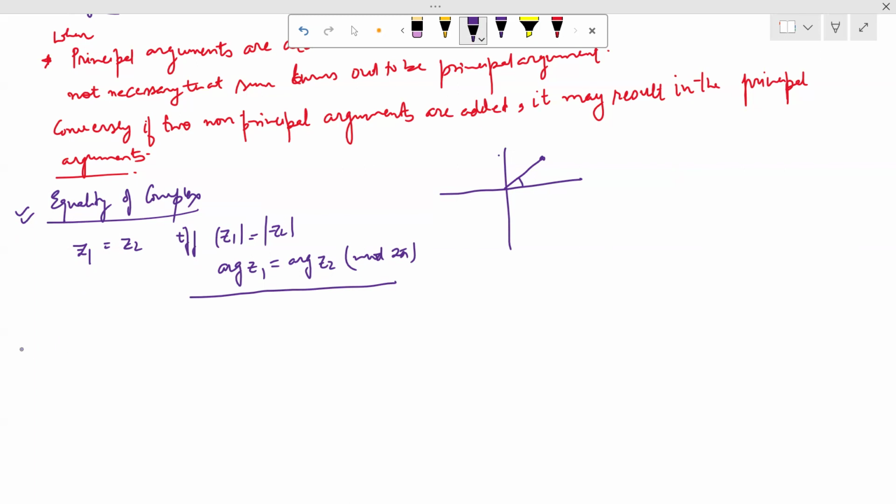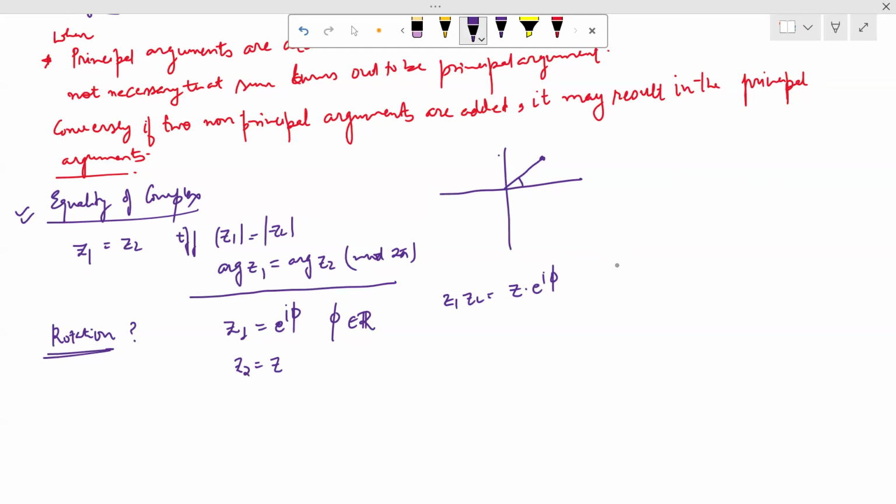Now, what does it mean to multiply a particular complex number? Or what do you mean by rotation? How can we understand that? Suppose we have a complex number e to the power iota phi, where phi belongs to the reals. And let us say another complex number, we simply have z. If I multiply z1 into z2, I'll get z into e to the power iota phi. So how would you get this?